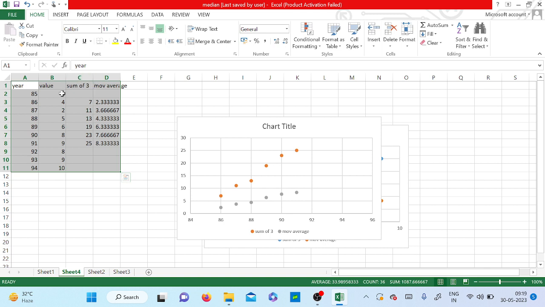Now I calculate the sum of the first three, then again the next three. In this way we calculate all the sums of three, and from them we average by dividing by three. That is the case of three. This math problem is the moving average.